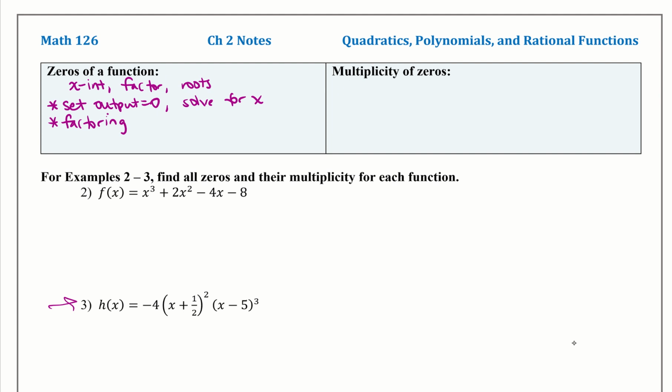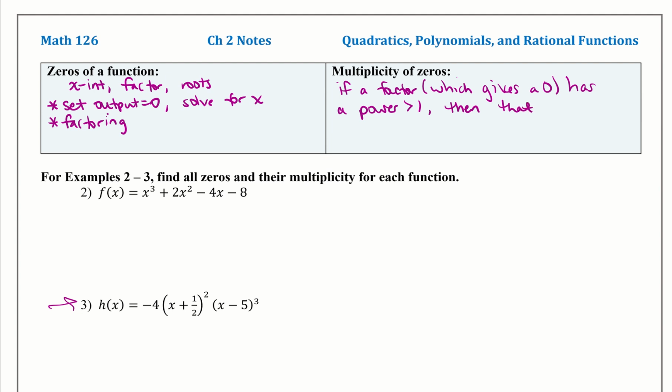And so if a factor, which would then give you a 0, has a power that is greater than 1, then that power is the multiplicity.